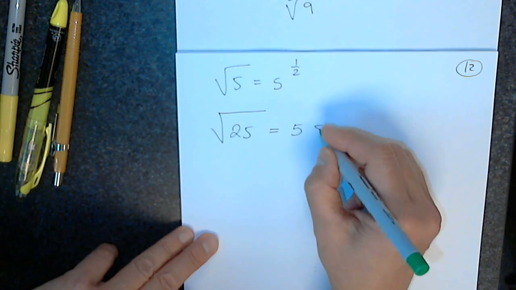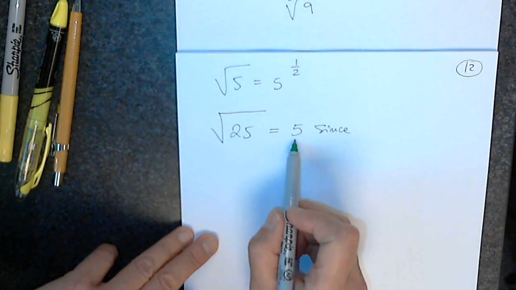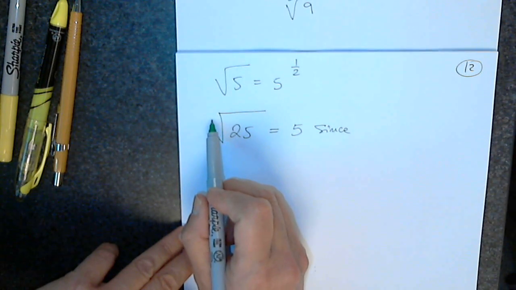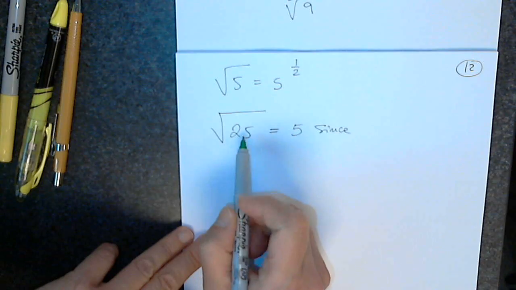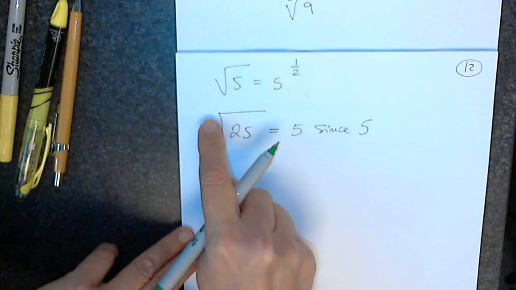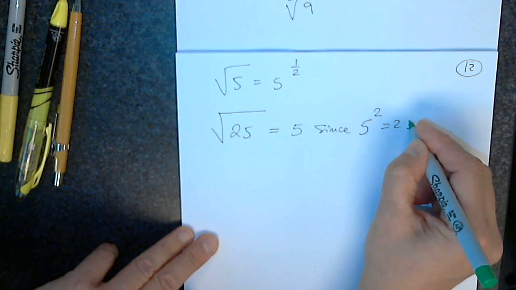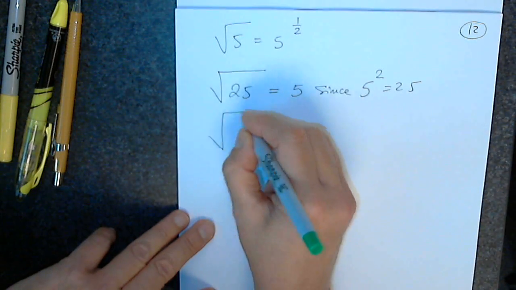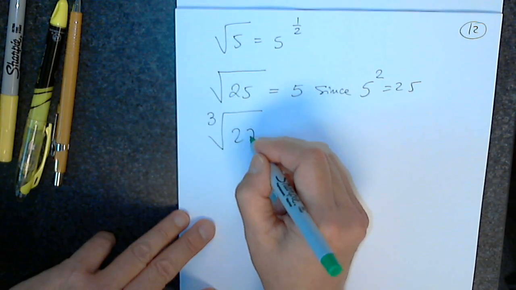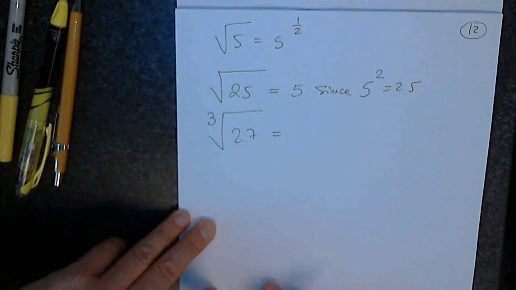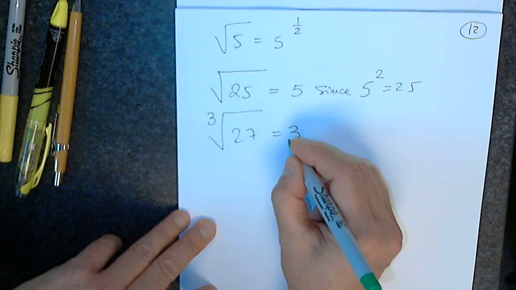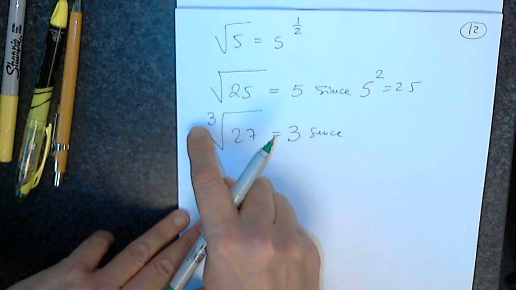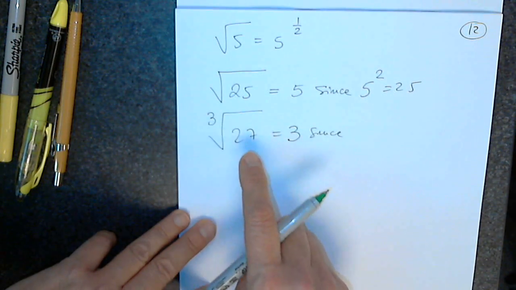I'll say 5 since this number raised to this power, the index, equals 25. Now what about the cube root of 27? The cube root of 27 is 3, since 3 raised to this power is 27.